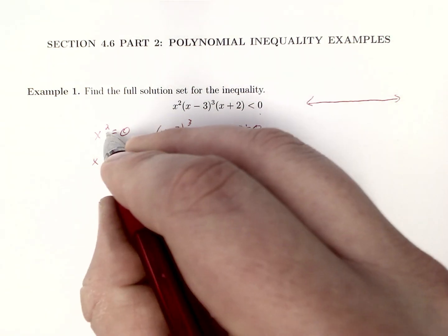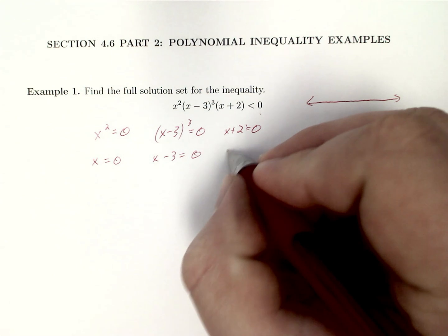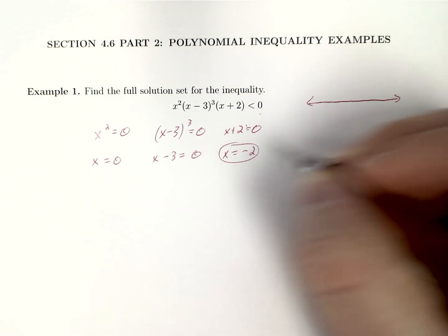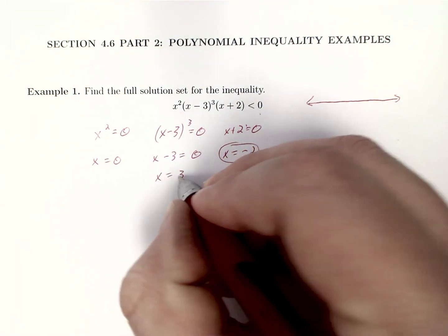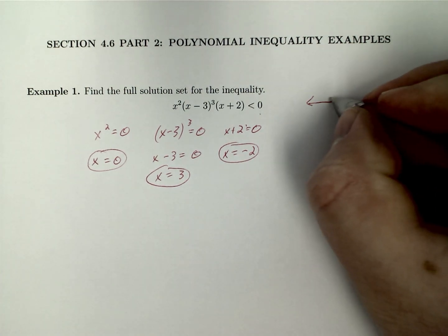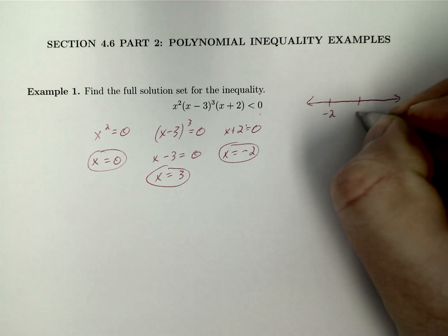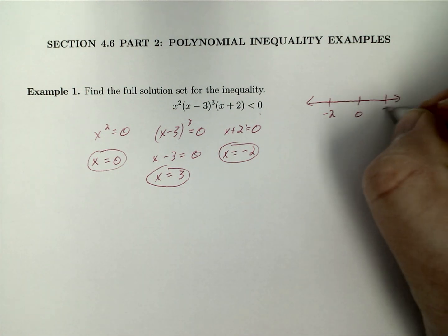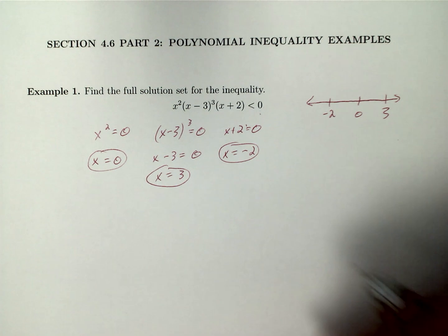If there's an exponent, we can just set the inside equal to 0. x equals -2, x equals 3, and x equals 0. So -2, 0, and 3 is the way that we would partition the number line.